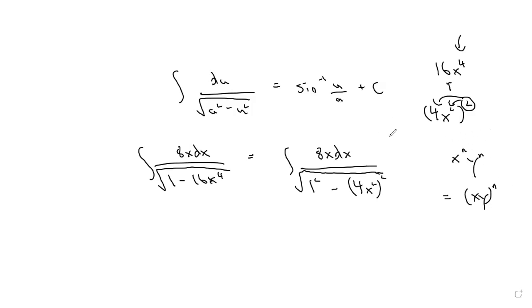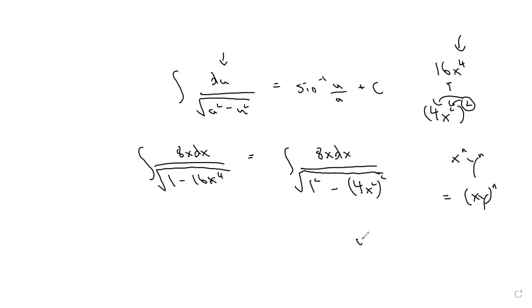Okay, so now we have it in the correct form, but we still have to check that it's in the correct form, because you need a du at the top, and that's always something you have to check for. So let's establish what u is exactly. If we compare the form to the specific integral, u is 4x squared. u is just whatever is being squared.